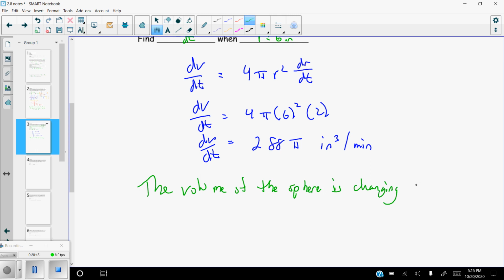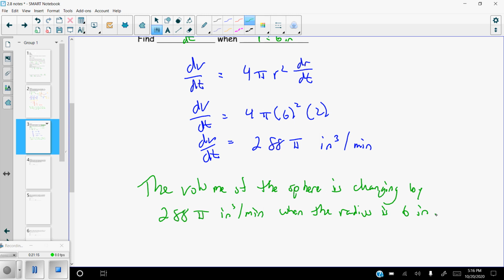I said is changing by 288 pi inches cubed per minute. So that's the what is happening, that's the how is it happening, and the other thing is the when is it happening, and that was when the radius is 6 inches.